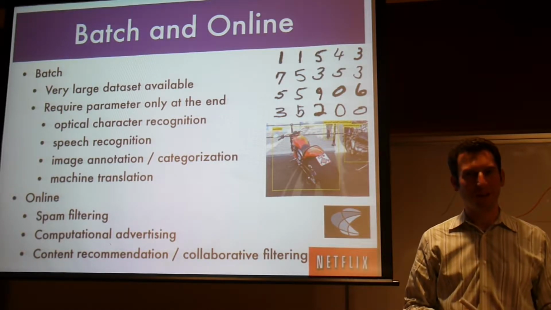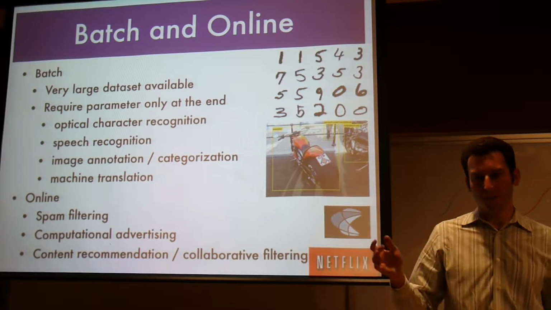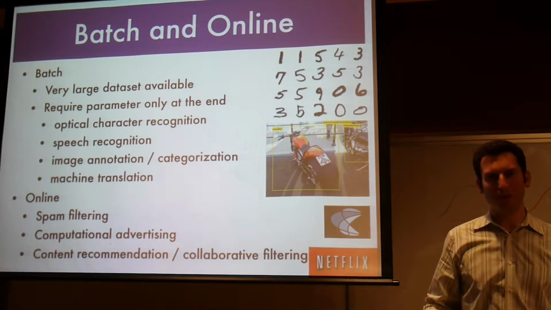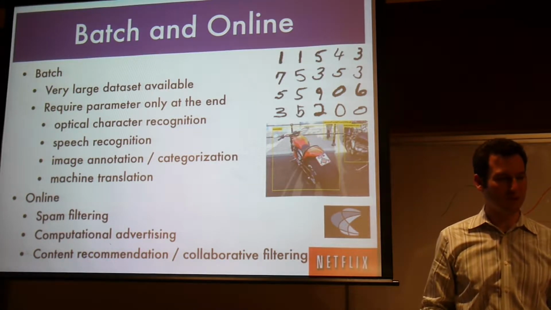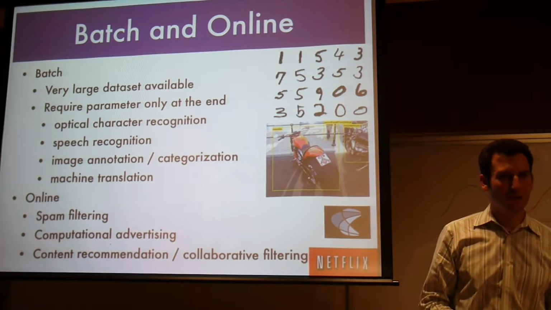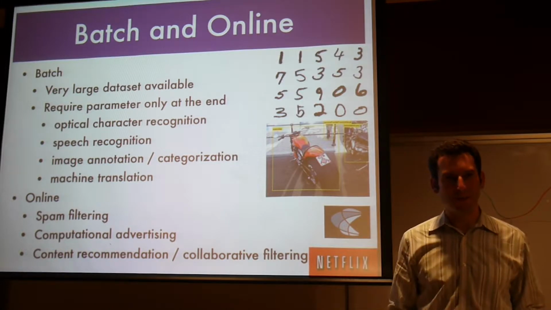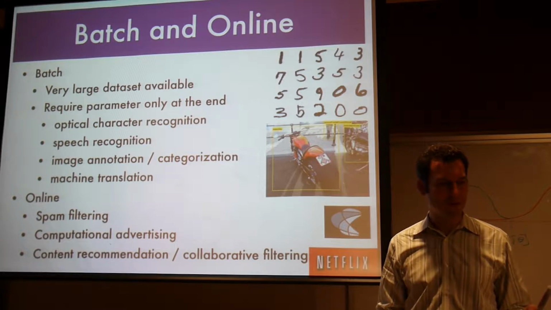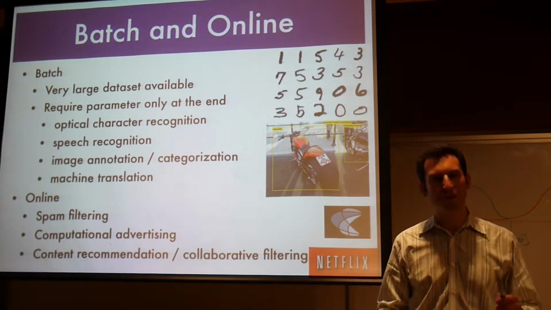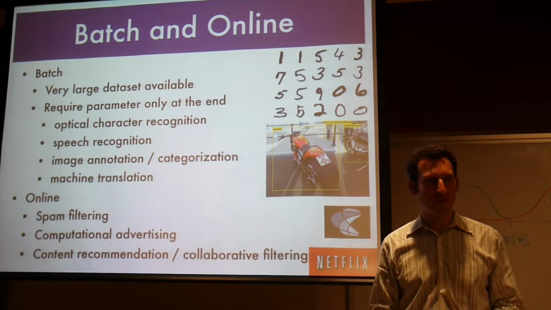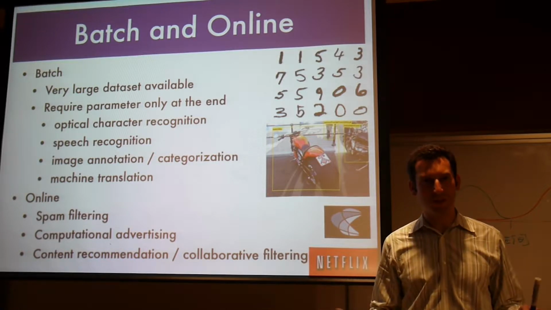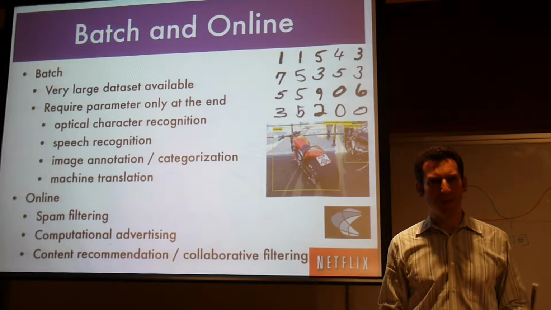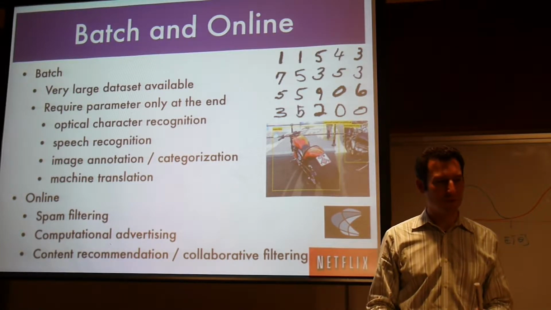So, for instance, I might have a large annotated corpus with speech and annotation, and I want to build a good speech recognition system from that. Or I have scanned-in books and the corresponding text, and I might want to build an OCR system based on that. Or image annotation, categorization, and so on. So whenever I have a lot of log data, a lot of log files that I want to use, batch tends to be at least an important component of our problem.